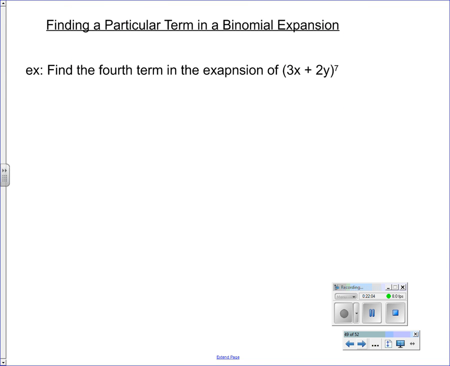Last thing we're going to do is go through how we would find a particular term in a binomial expansion. So here's an example. We want to find the fourth term in the expansion of this 3x plus 2y to the 7th. Alright, so if we're finding the fourth term, that means our r is going to be 3. Our r is always one less than the term number.